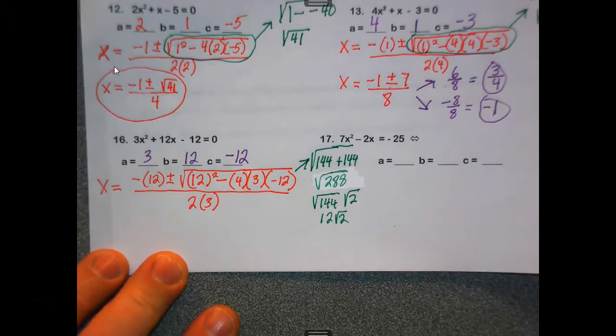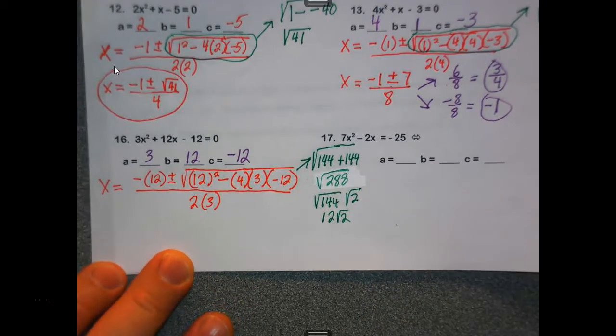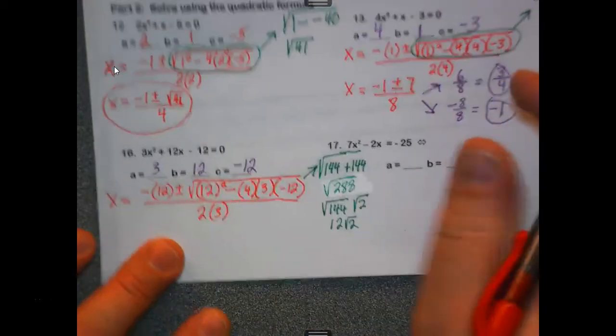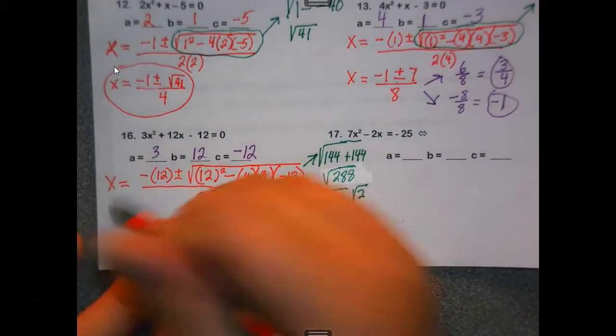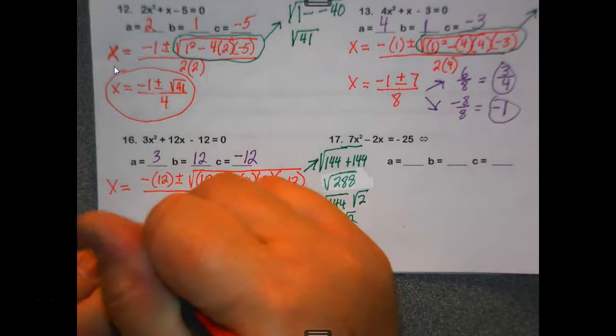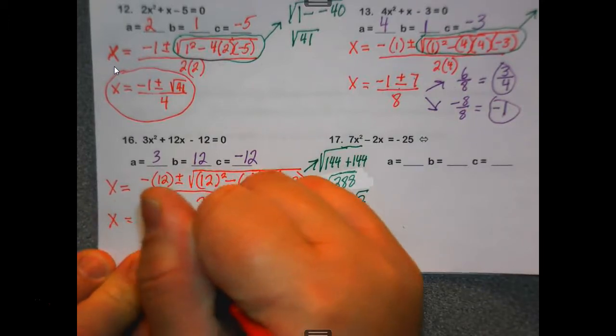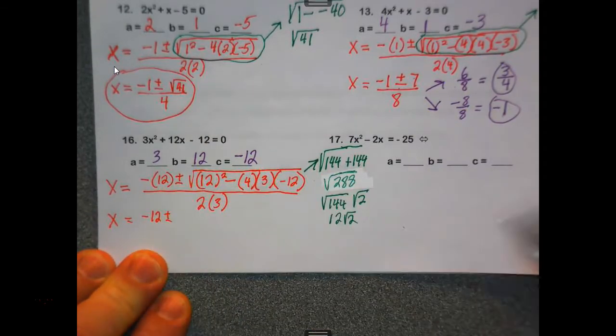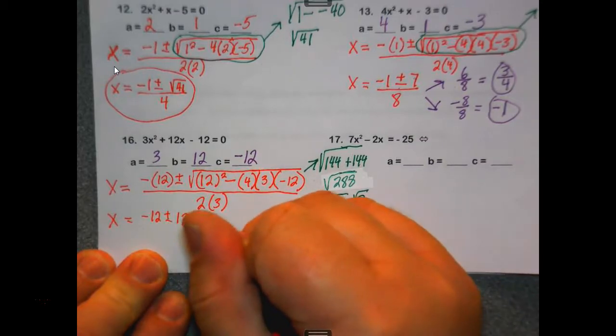Wow, that was very nice. So x equals negative 12 plus or minus 12 square root of 2 all over 6.